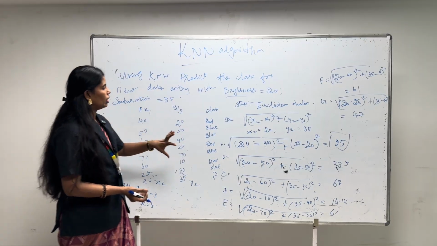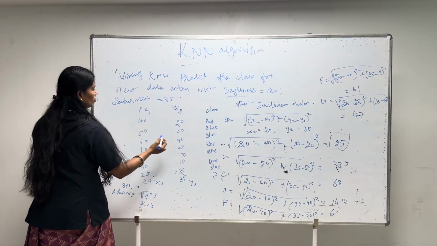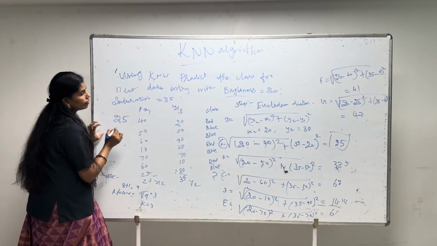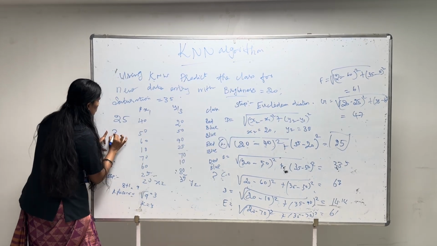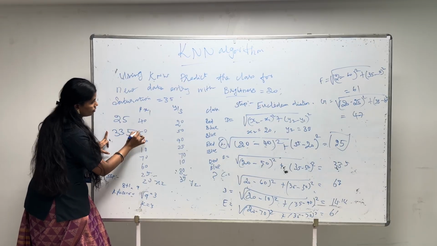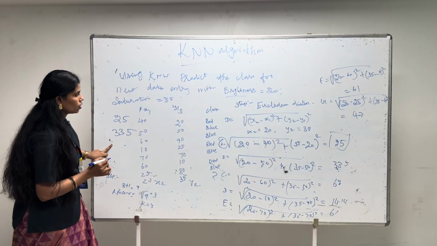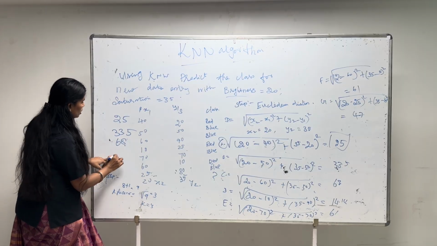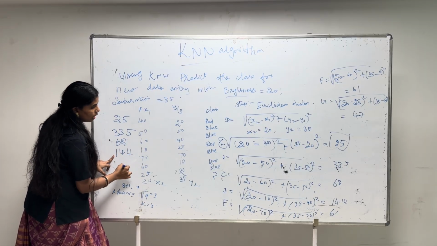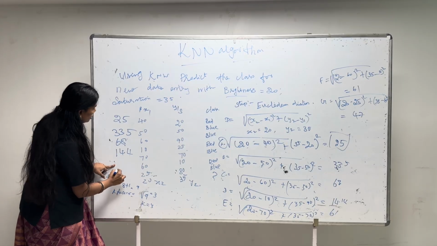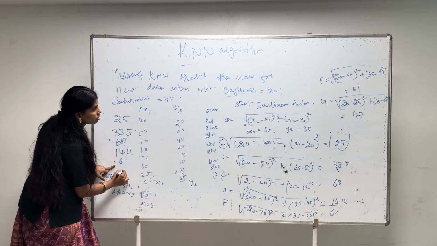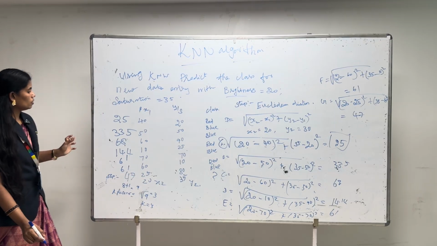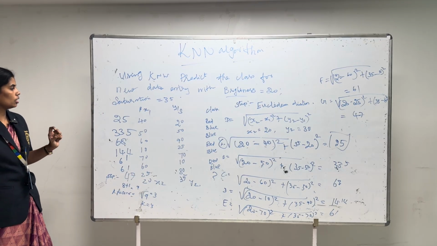Now we are going to write the values on the side. For the first class we got the value 25, for the second 33.5, for C we got 68, for D we got 14.4, and for the next ones 61 and 47. From this we are going to categorize which category they belong to.